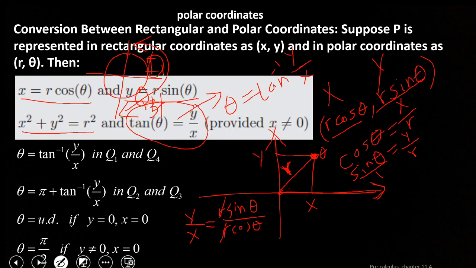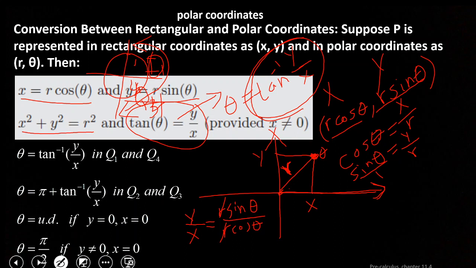So in quadrants 1 and 4, if you put this in the calculator, you get the correct answer, which is the angle that we want.